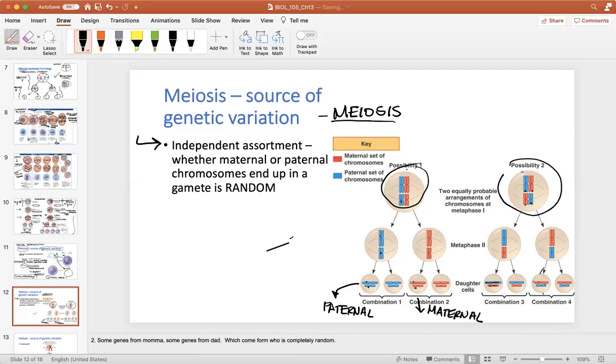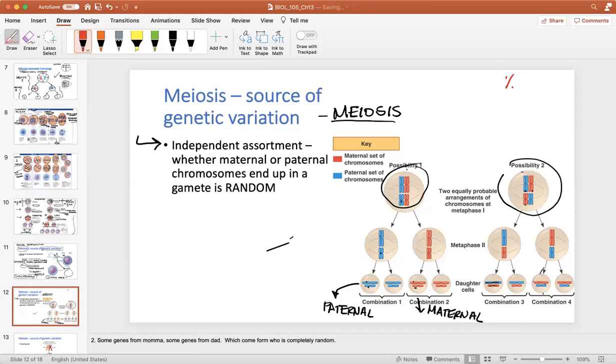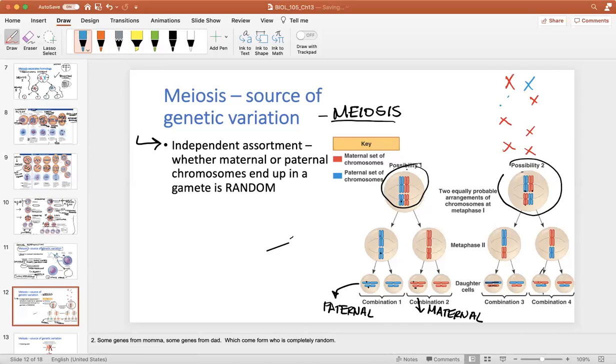What if we did this 23 different times? What if we had 23 different times where these guys lined up differently? What are all these possible combinations? Well, the way to work that out mathematically is it is 2 to the 23rd.